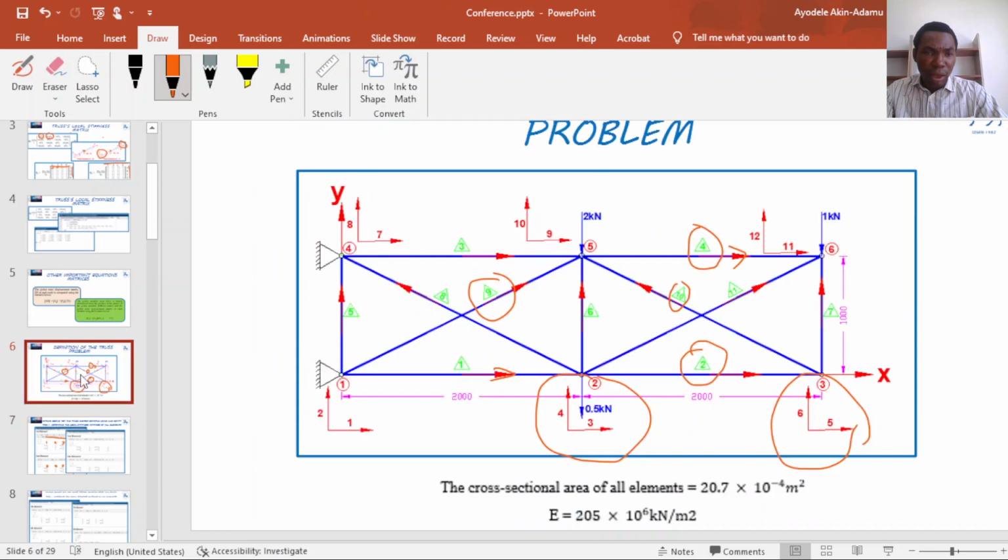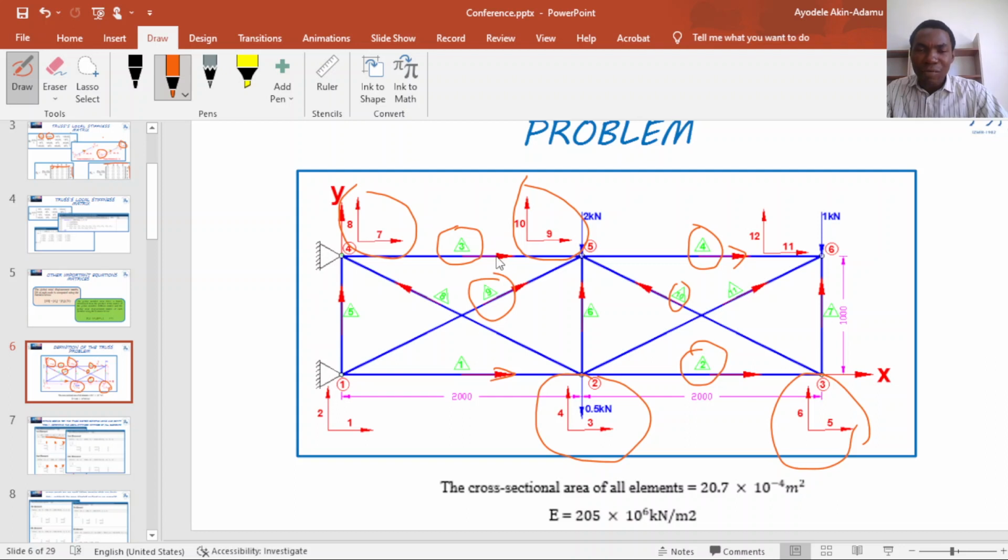If we look at our definition for element 3, this is element 3 here. Element 3 has 4 degrees of freedom: 7, 8, 9, 10. Because the arrow is pointing from node 4, the number will be 7, 8, 9, 10. If the arrow is pointing from node 5, the number will be 9, 10, 7, 8. So you should be careful with this.